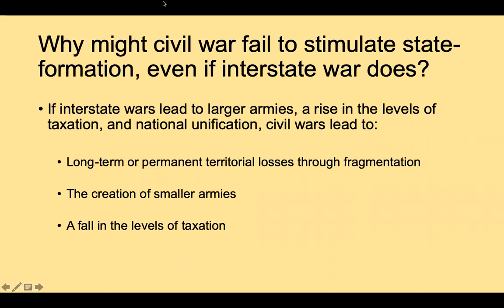As we've pointed out in the chat, as a group, civil war tends to lead to long-term or permanent territorial losses through fragmentation. So some areas go one way, some areas go the other way. And the fragmentation that occurs can contribute to territorial losses and the splintering and the breakaway of different areas of what was previously a state under one central administration.